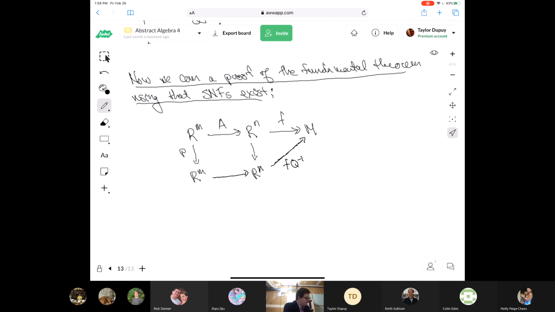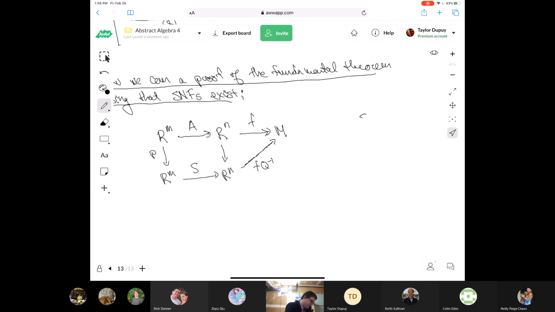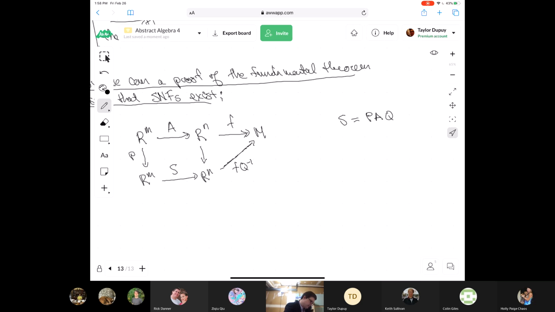We had S equal to PAQ, or QAP? PAQ, I think. So you do P, so this should be P inverse. So P inverse AQ. Yeah, so this is P, this is Q here.